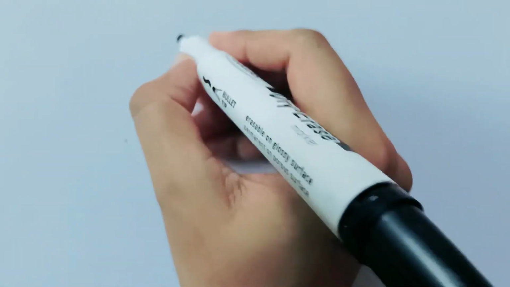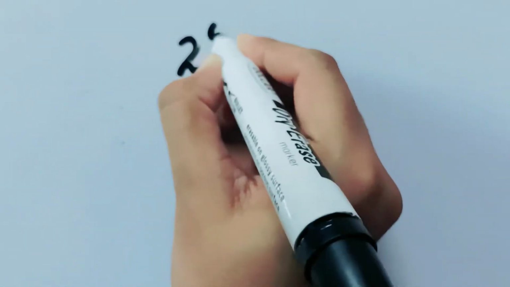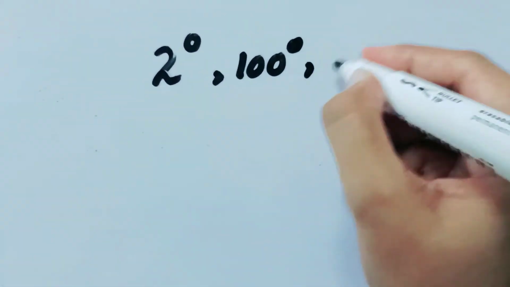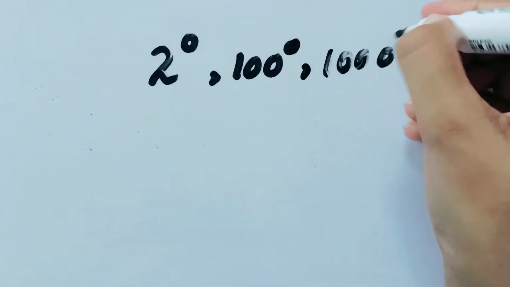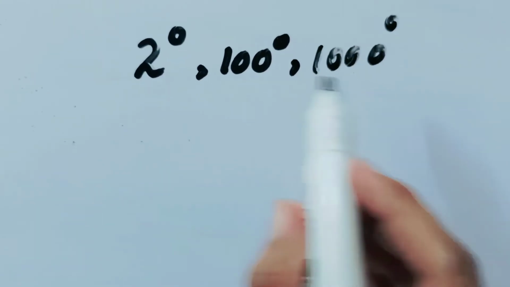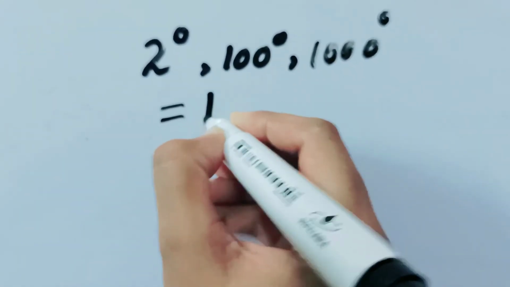Next is 2 raised to power 0, 100 raised to power 0, 1000 raised to power 0. You can see I have written some terms and all the terms have power 0. So our exponential law is that whenever any term, any variable or any number has power 0, then the answer will always be equal to 1.